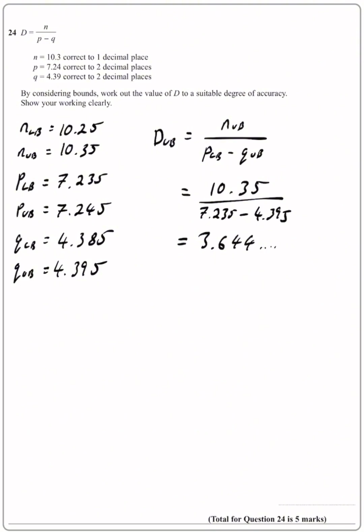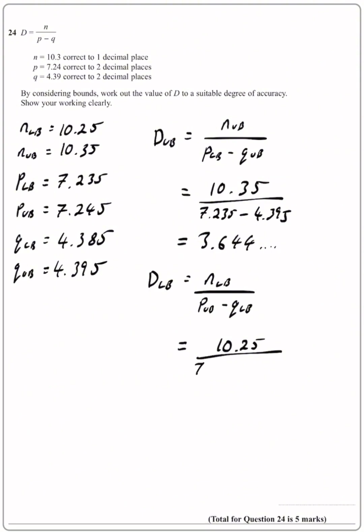For the lower bound of D, well, this time we want it to be as small as possible. So we take the lower bound for N, the upper bound for P, and the lower bound for Q. So we want the numerator to be as little as possible and the denominator to be as big as possible.